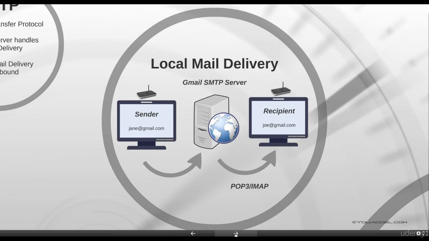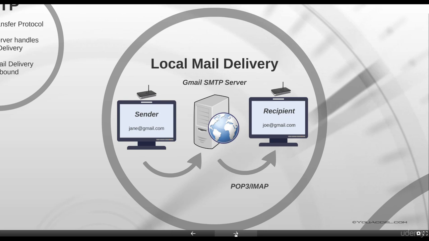The SMTP server has a variety of tasks. It checks the data packets for header information. As you might recall, the header information in a packet contains the sender and recipient of the packet.